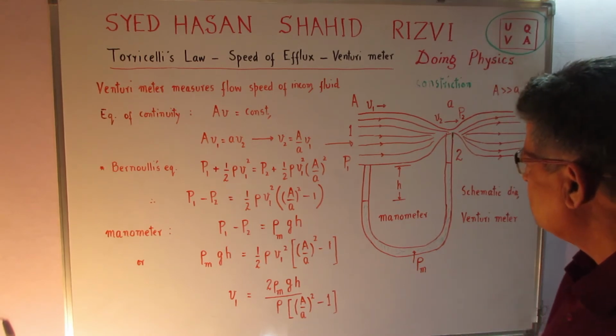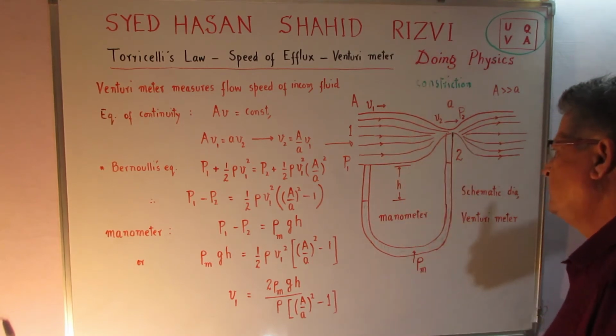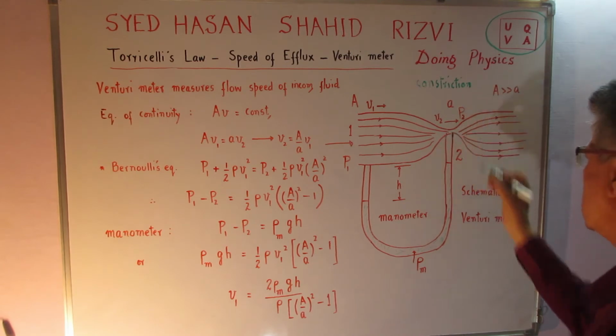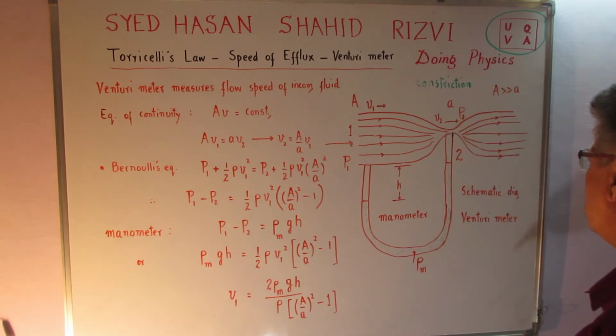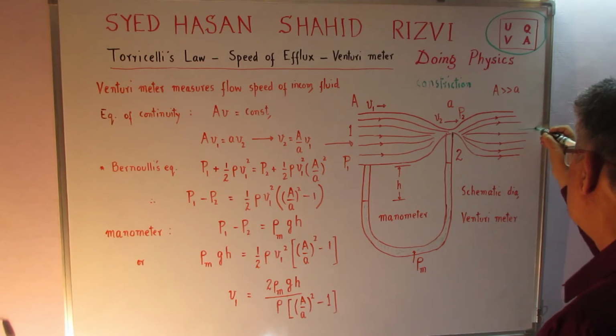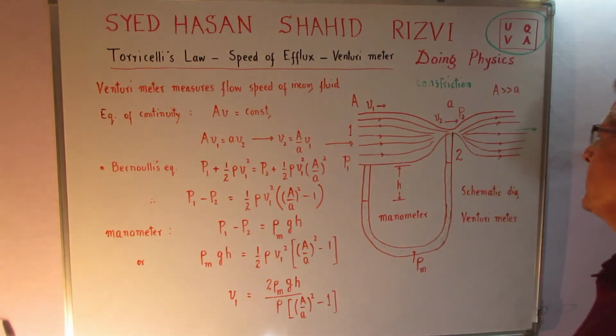When the cross section is reduced drastically, I have just shown you the lines of flow, and here I have not done anything because of the space and my drawing is not so good. So we find that the fluid goes as it comes over here. There are 2 points under consideration, point number 1 and point number 2.